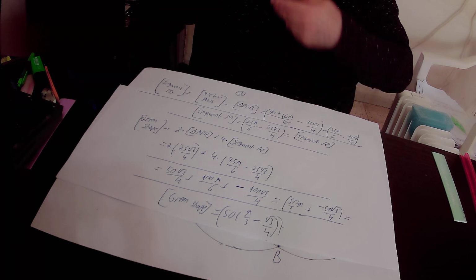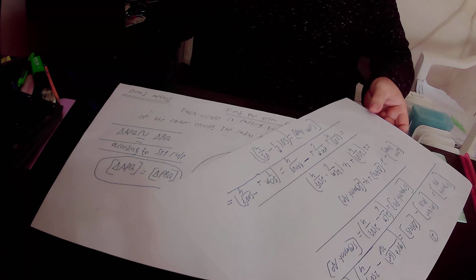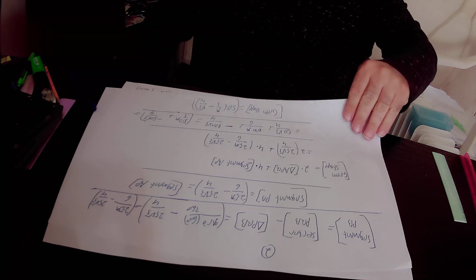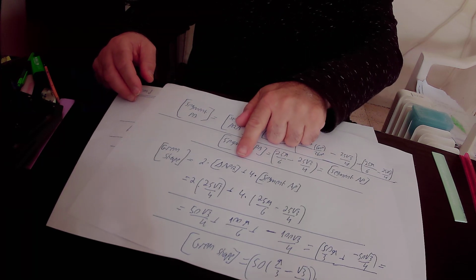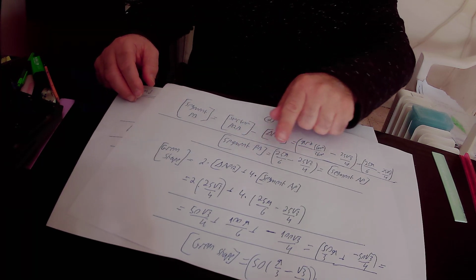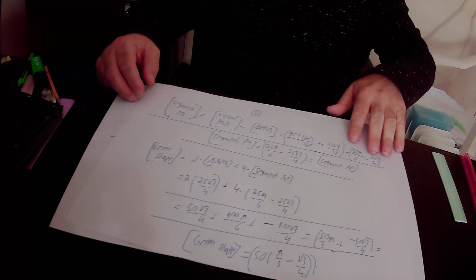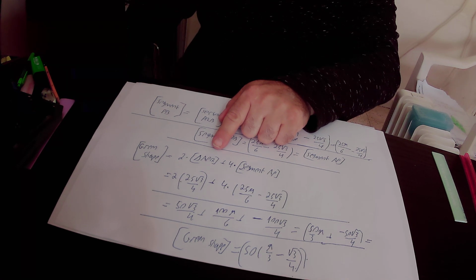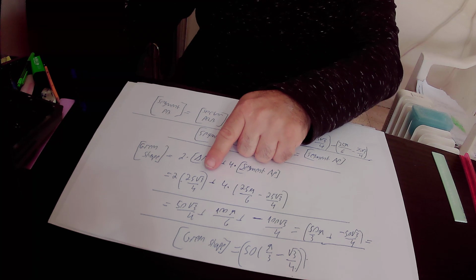Therefore, the area of the green shape will be equal to 2 times the area of triangle APQ plus 4 times the area of segment AP. And we have already found out that the area of triangle APQ is equal to 25 times square root of 3 over 4 square units.